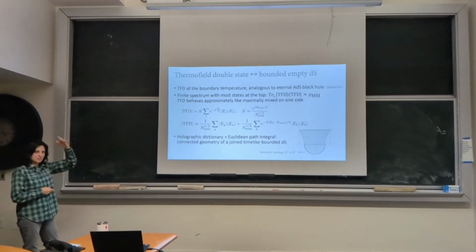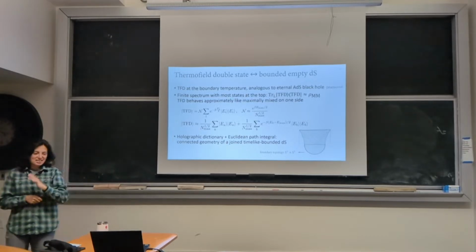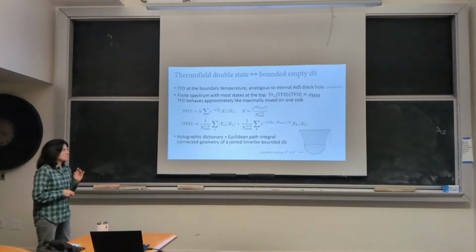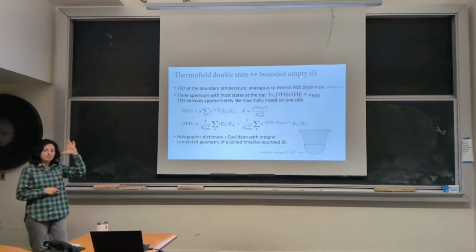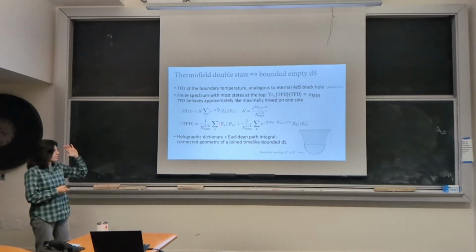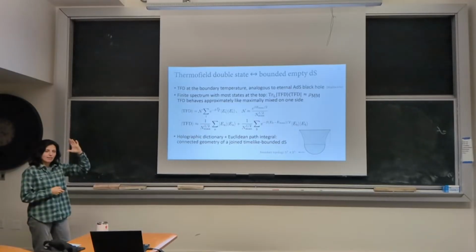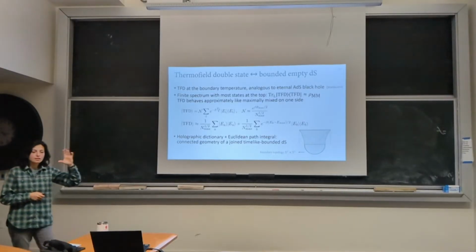Remember, there's a maximum energy, so everything is really relying on having a maximum energy. If you don't buy it, this doesn't make sense. But there is a maximum energy, and there is a large number, N max, of states that have approximately the same energy, the maximum energy. And those are the entropically dominant states.